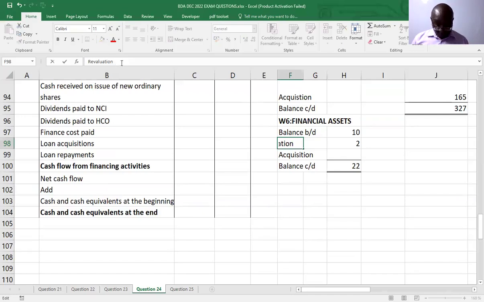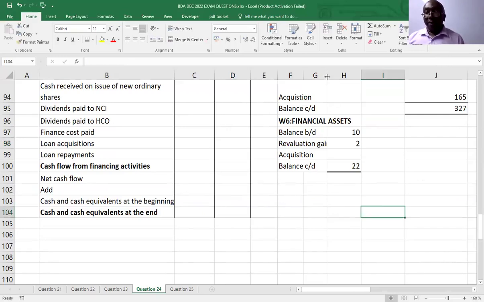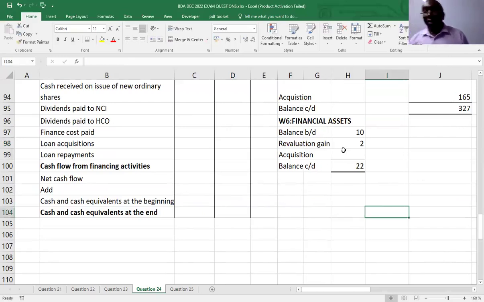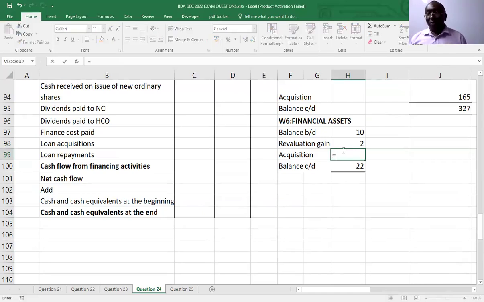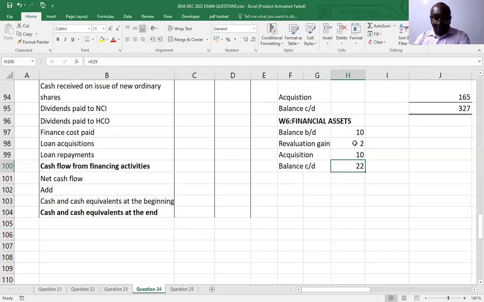So the acquisition must then be equal to this 22 minus what we began with, minus what we added. So we must have paid 10 shillings to acquire that.